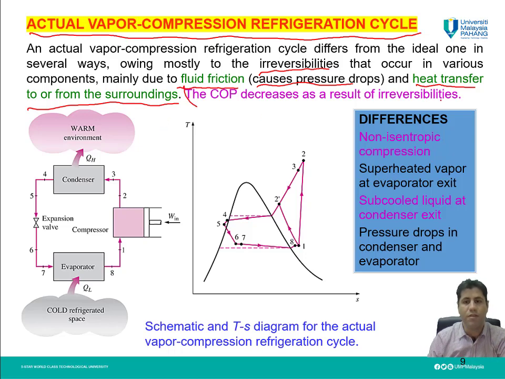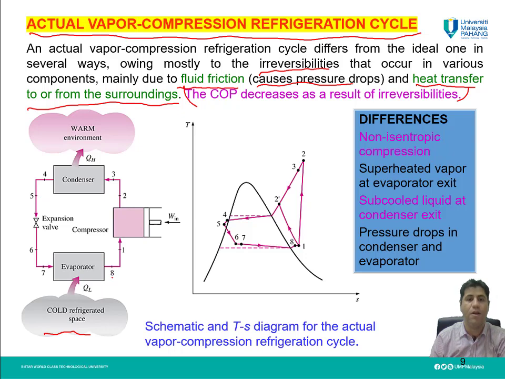Due to these irreversibilities, the COP of the actual vapor compression refrigeration cycle is lower than that of the ideal cycle. Let's see how these irreversibilities affect the working of a refrigerator cycle. If you notice here, instead of 4 different states, we have added 4 more states.